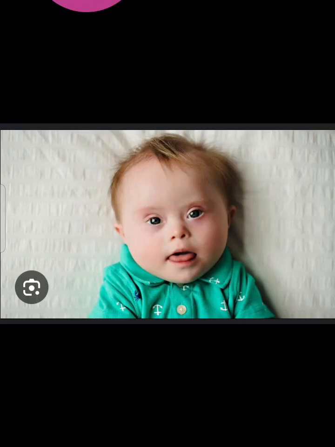Trisomy 13 means they have one excess chromosome 13. Trisomy 18, other than the 46 chromosomes, they have an additional chromosome 18. So number 18 is extra, there is one extra, and altogether trisomy 18 has three 18 chromosomes.